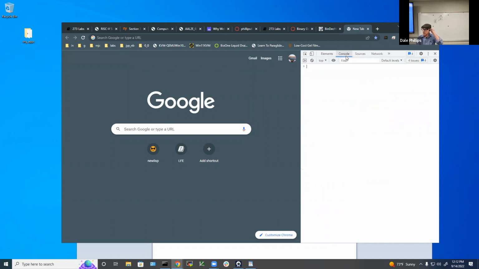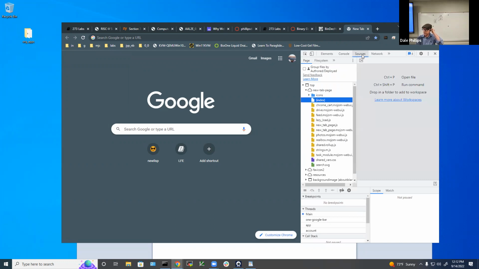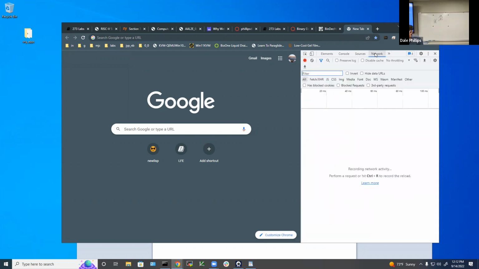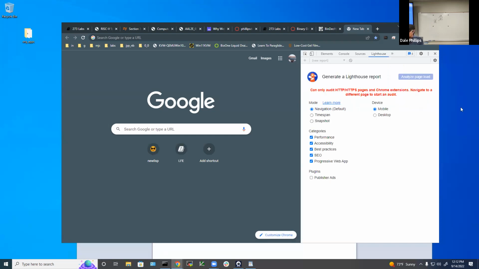So I can look at the console, and I can write code, sources, where it's coming from. I can look at the network to see how long it takes to do something. I can look at memory, Lighthouse. That's really cool. I like this Lighthouse. That's a great little tool for web devs. It tells you if you're standards based or not. It's a handy tool to have.